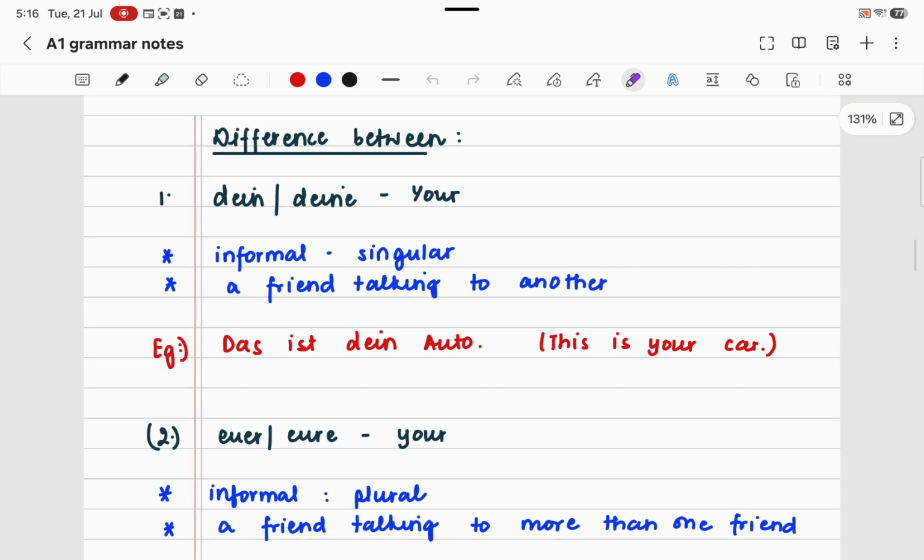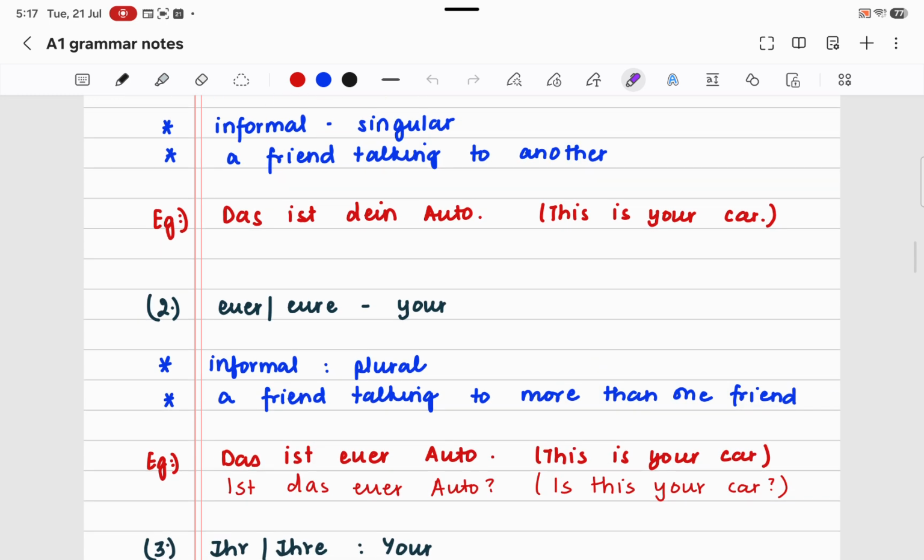Here we follow the same logic that we used for personal pronouns: formal and informal, singular and plural. If it is an informal conversation and you're talking to a single person, say a friend talking to another friend, we use dein. Like, das ist dein Auto, this is your car.